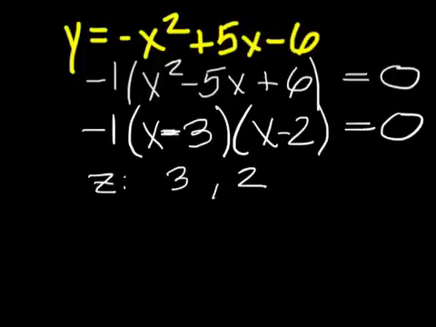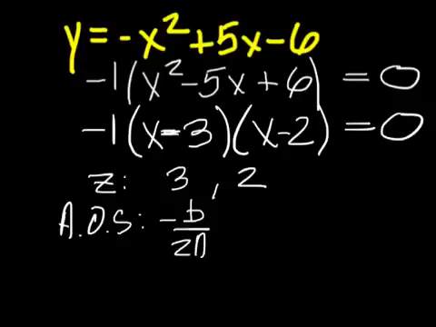What's the next thing we have to find? Yeah, axis of symmetry. So that's negative b over 2a. Now don't forget, when you're finding the axis of symmetry and the vertex, you have to use the original equation. You've got to use this one up here. So what's my b value? 5.